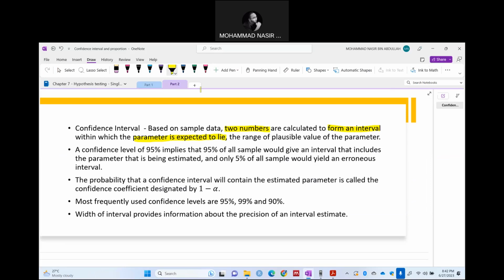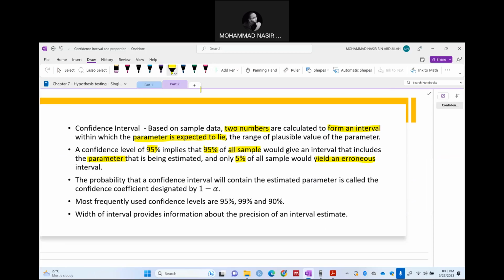A confidence level of 95% implies that 95% of all samples would give an interval that includes the parameter being estimated. Only 5% of the samples would yield an erroneous interval. As I explained yesterday, we would like to minimize the error. That's why we keep the type 1 error, the probability of making a wrong decision, very small: 5%, 1%, or approaching zero.